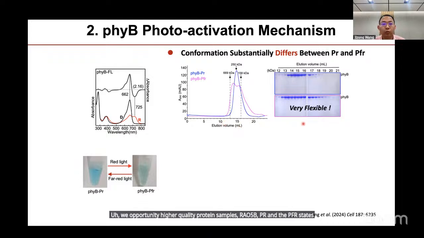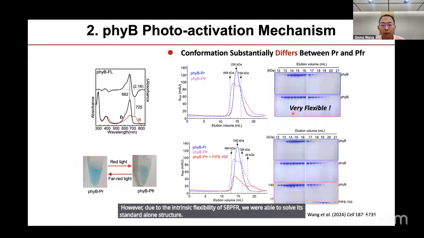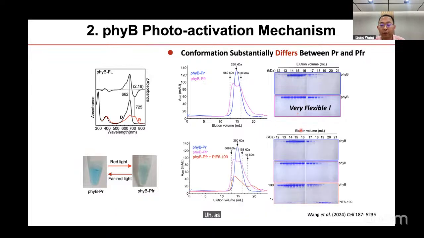However, due to the intrinsic flexibility of phyB PFR, we were unable to solve its standalone structure. As an alternative, we reconstituted a complex of phyB PFR bound to the PIF segment and successfully determined the complex structure.